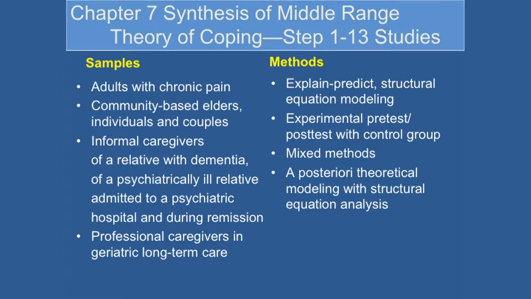The methods in all of these studies were basically quantitative. They were those that explain, predict, and use structural equation modeling, experimental, pre-test, post-test with a control group, mixed methods, and a priori theoretical modeling with structural equation analysis.